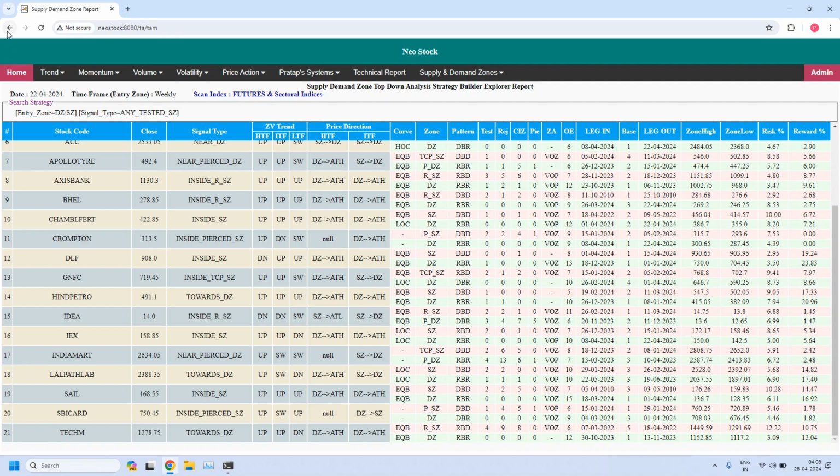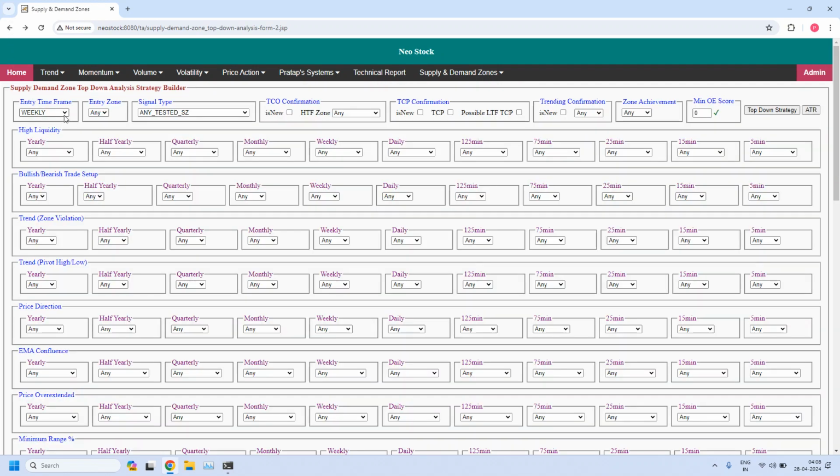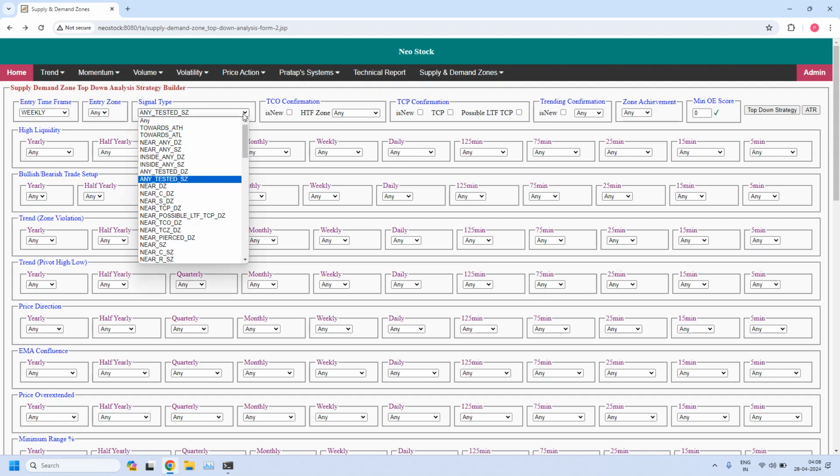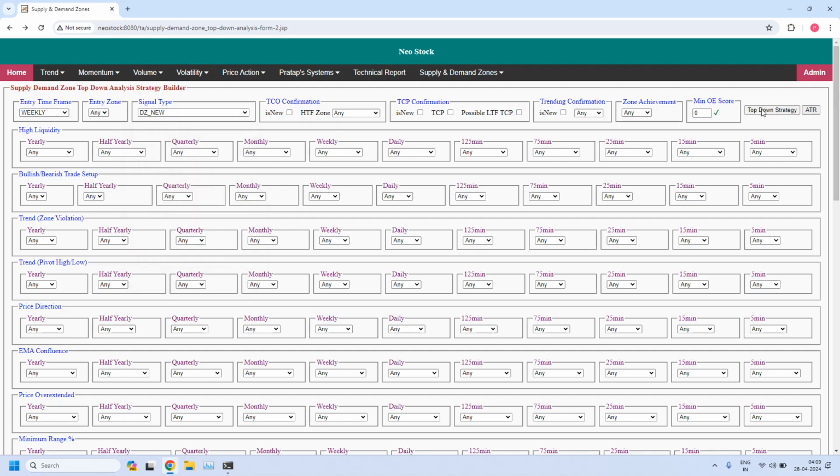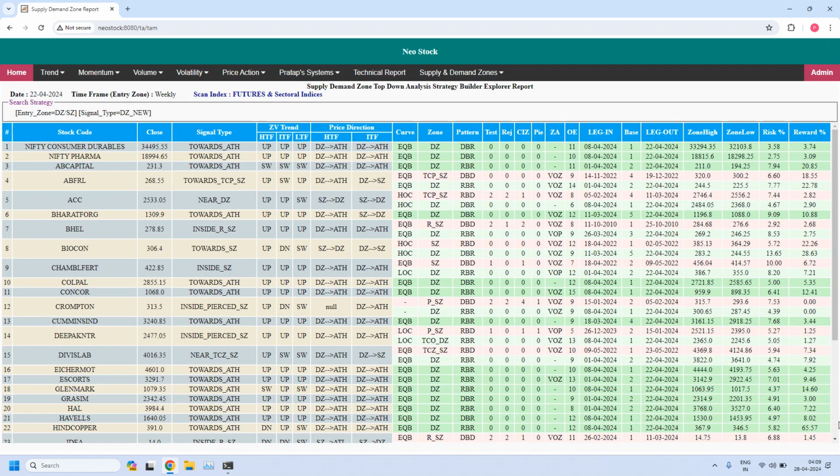So let me go back. For weekly time frame, let us find the stocks having newly created weekly demand zones. Oh, a good number of weekly demand zones are created during this week.